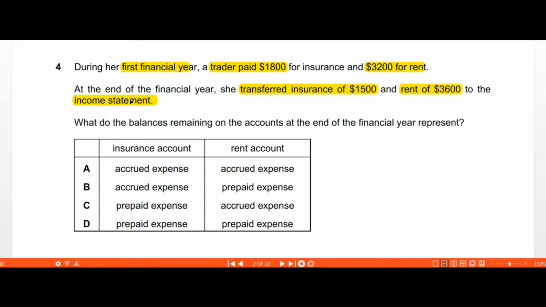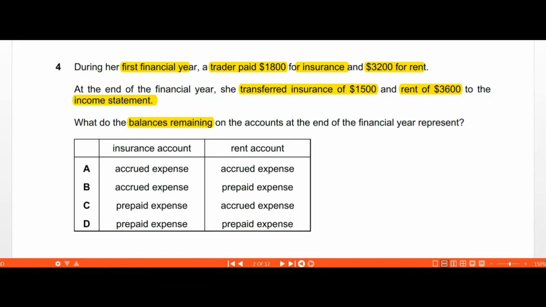Okay, so the question is asking that the remaining balance that has been transferred, what is that showing? So it might be prepaid or it may be accrued. So when we look at the amount for the insurance account, for the first financial year he paid 1800, and at the end of the financial year she transferred insurance of 1500.